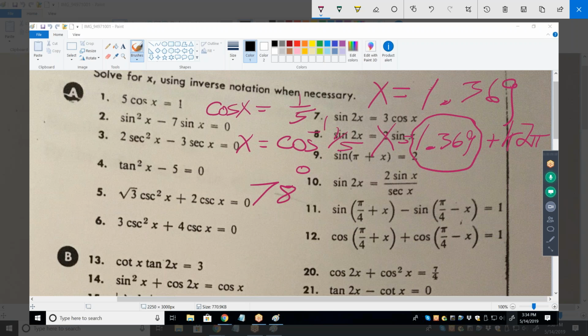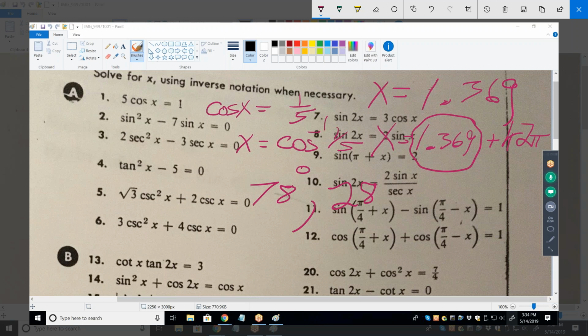So if 78 degrees is one answer, what is another one inside the unit circle? So that's going to be 78 degrees plus 180. Okay, so is that going to be 258 or 82, I think.